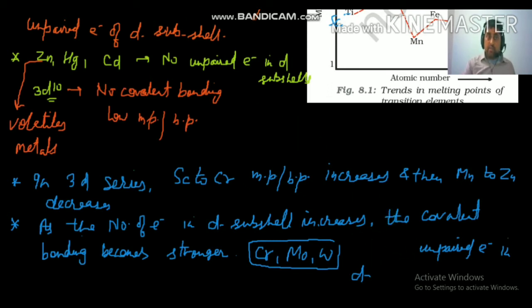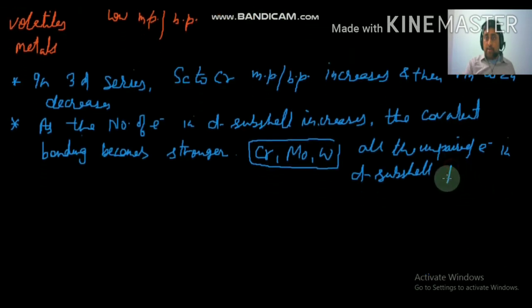So I should say all the unpaired electrons in the d subshell, they participate in making covalent bond.